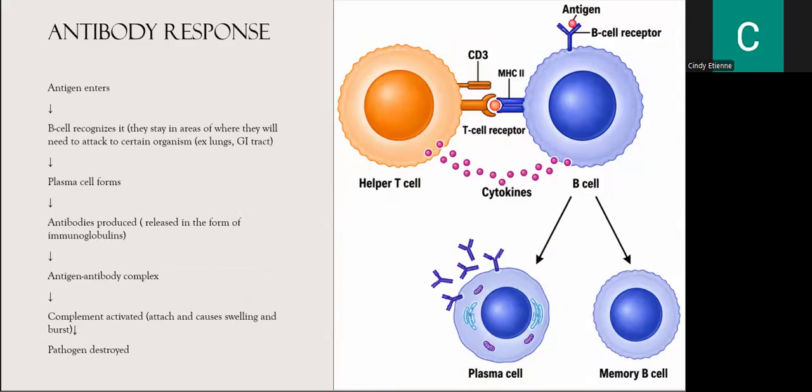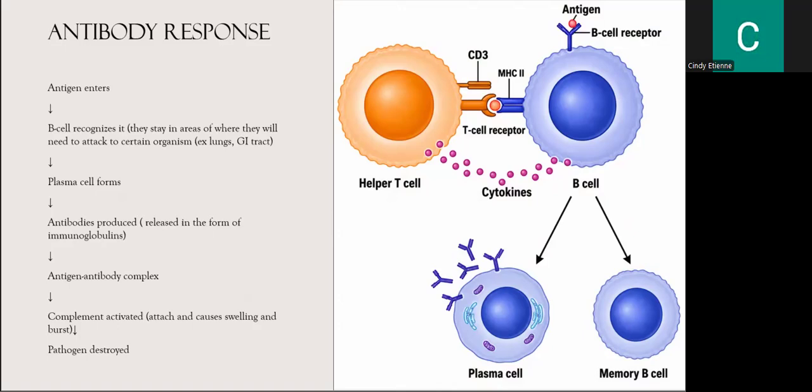So let's walk through the antibody response step by step. First, an antigen, such as chickenpox, enters the body. A B cell that recognizes the specific antigen becomes activated, often with help from a helper T cell. The activated B cell then changes into a plasma cell that acts like an antibody factory.